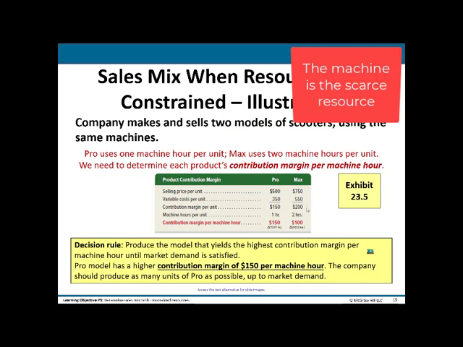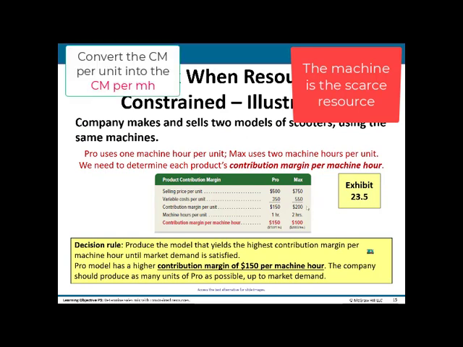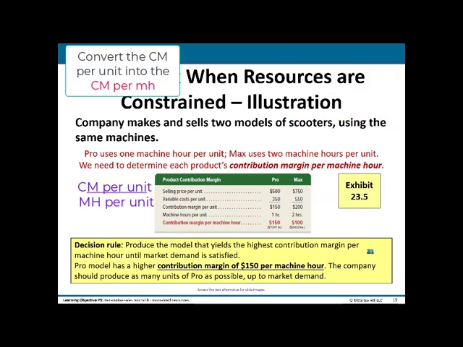So you're used to calculating the contribution margin per unit. We covered that in the chapter on cost, volume, profit. The new part of this chapter is converting that contribution margin from per unit into the per scarce resource. In this case, the scarce resource is the machine.